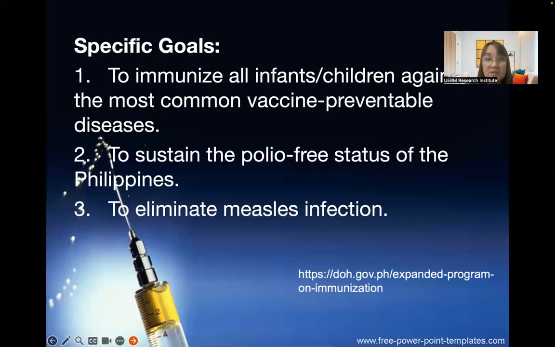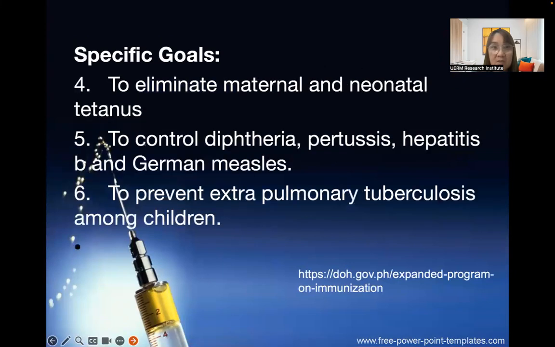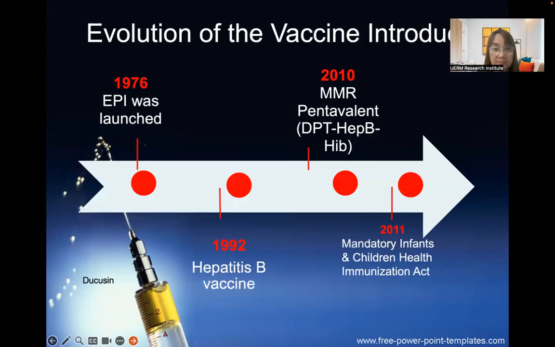These are their specific goals: to immunize all infants or children against the most common preventable diseases, to sustain the polio-free status of the Philippines, to eliminate measles infection, to eliminate maternal and neonatal tetanus, to control diphtheria, pertussis, hepatitis B, and German measles, and to prevent extrapulmonary tuberculosis among children.